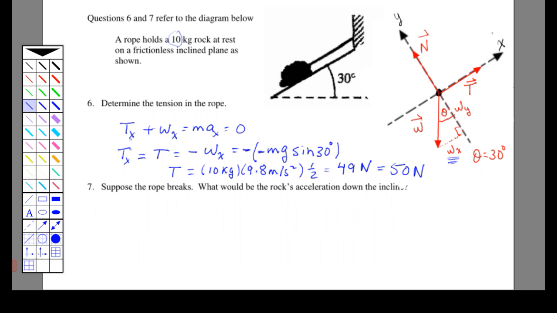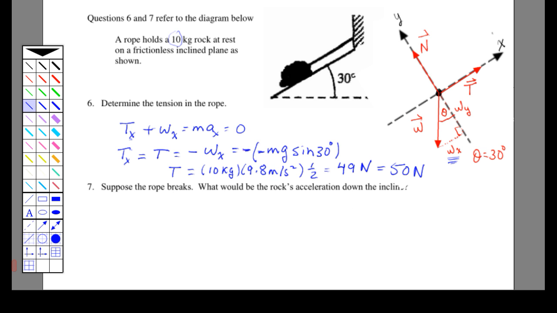Okay, so question 7, suppose the rope breaks. What would be the rock's acceleration down the incline? Well, if the rope breaks, then the tension force goes away. And the only force which has an x component is the weight, at least the x component of the weight.